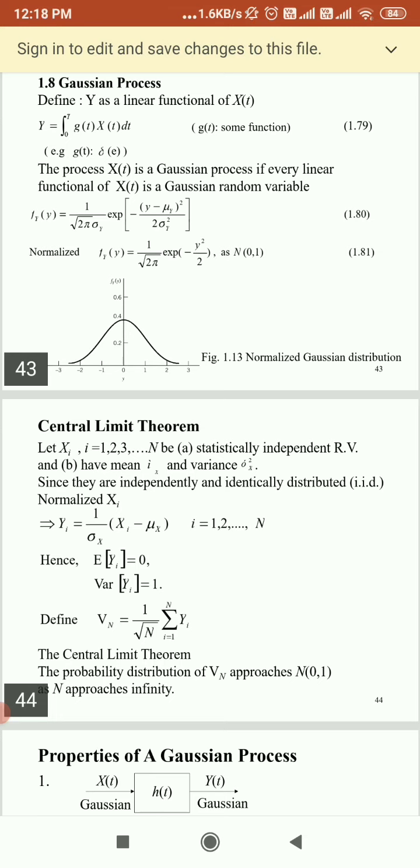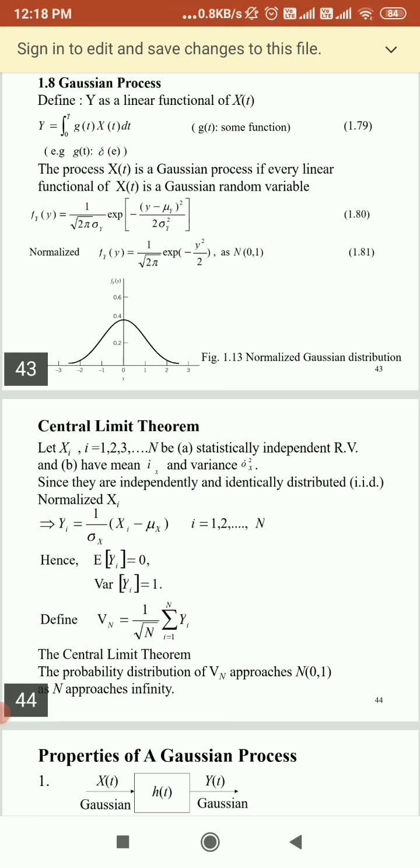If we are taking y as a linear function of x of t, you can write y equal to integration 0 to capital T g of t x of t dt, where we are considering g of t as some function. So x of t will be the Gaussian process if every linear functional of x of t is a Gaussian random variable.